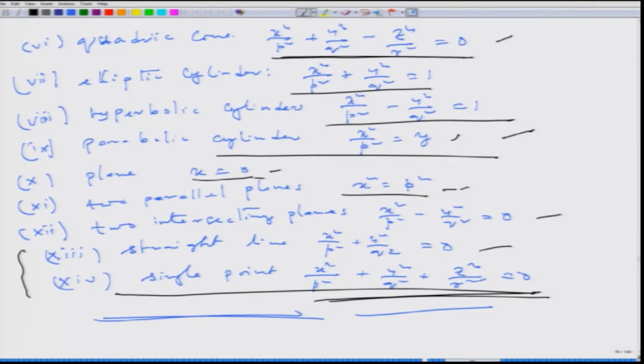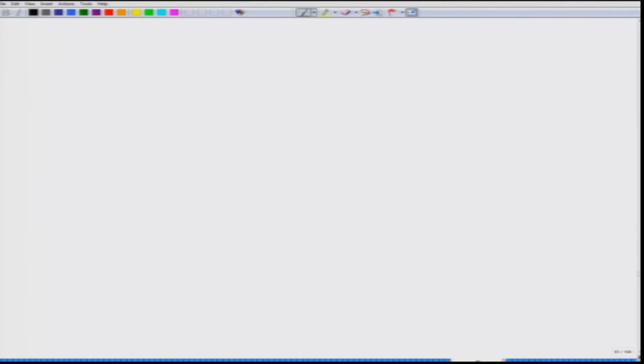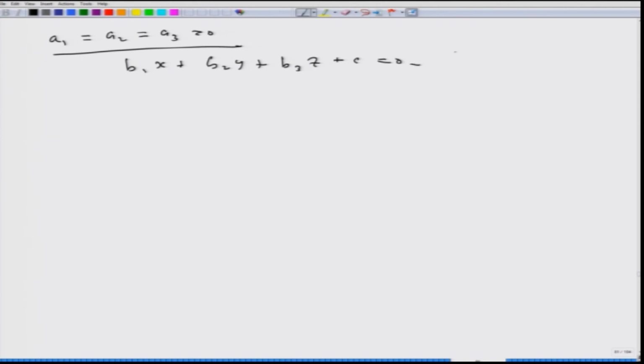One more case left. What is that? A1 equal to A2 equal to A3 equal to 0. Then my equation is simply B1x plus B2y plus B3z plus C equal to 0. So, this is a plane. So, after rigid motion any plane is of the form 10.